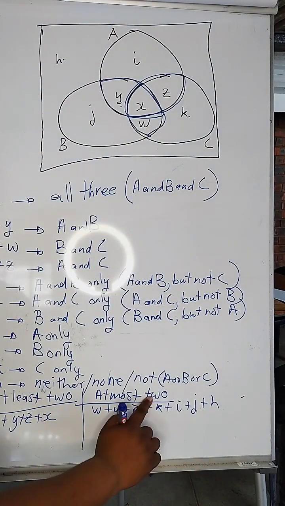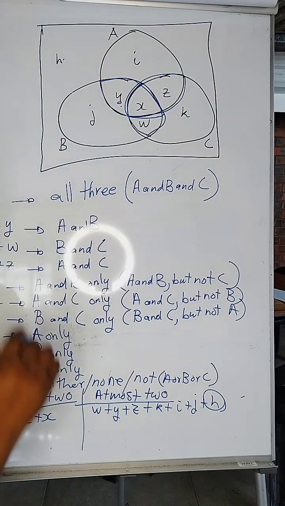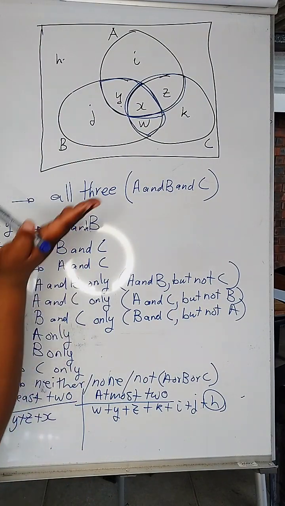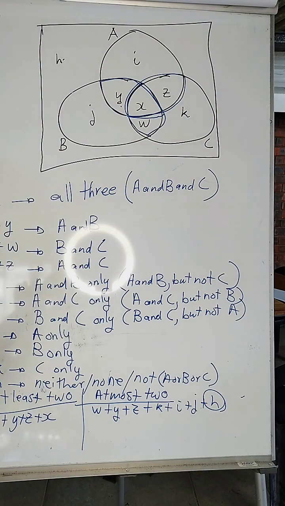So at most, the secret is that we include H, which is outside the events. But here, we go from that 2 going upwards. This is what we must know for Venn diagram grade 11 and grade 12.